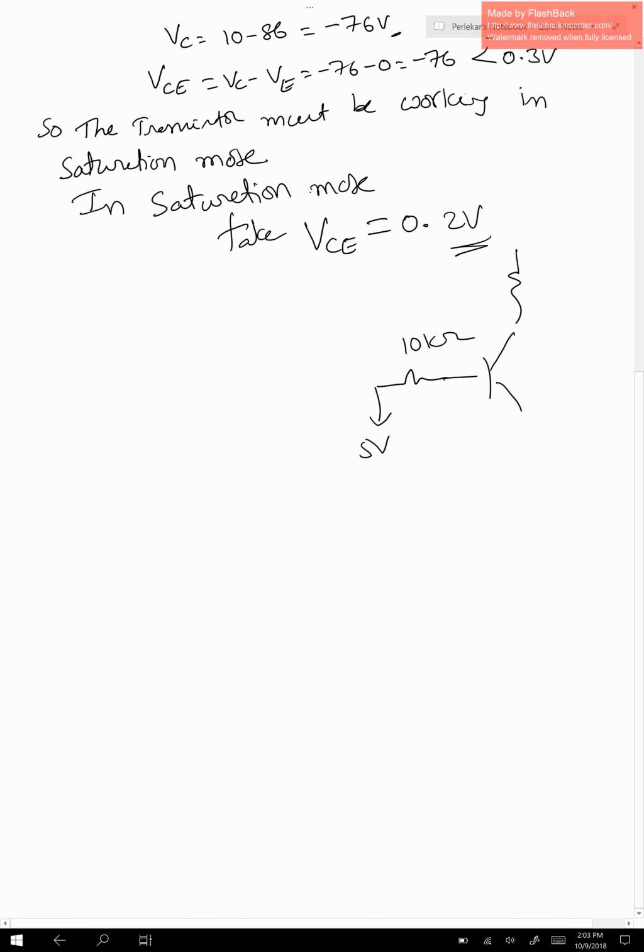In saturation mode, both junctions are working in forward active mode of operation. So VE is 0, it's grounded, and VB must be 0.7 volts because this is a forward biased condition. The voltage drop will take as 0.7. We'll take this voltage drop as 0.2 volts at VC.